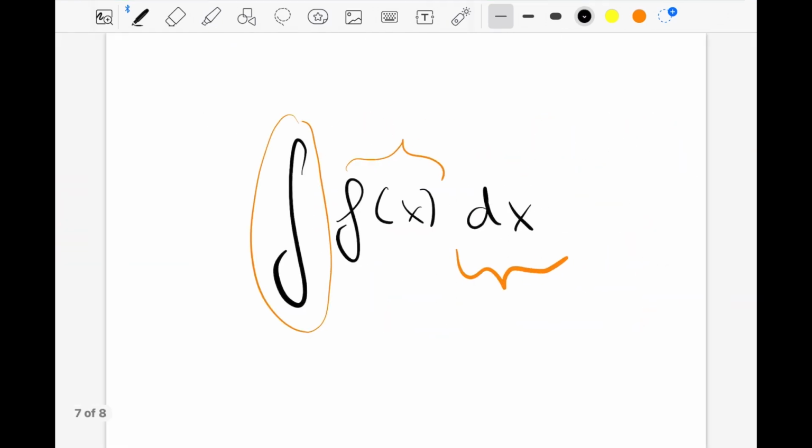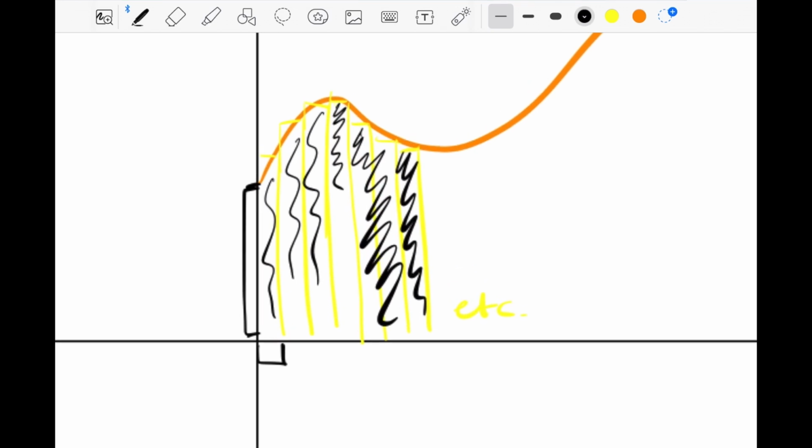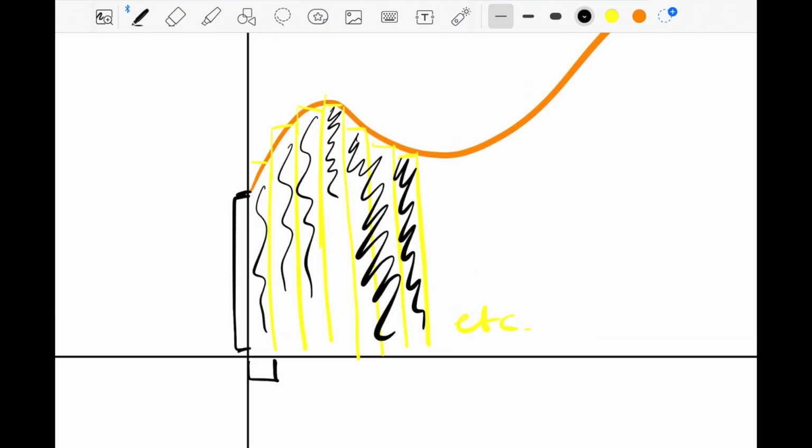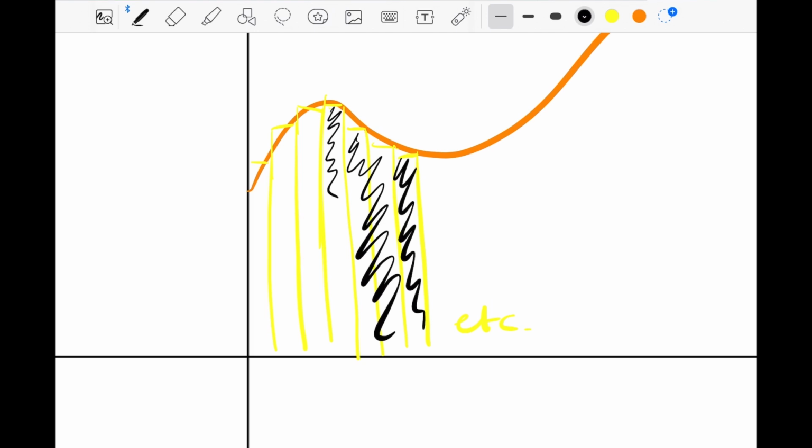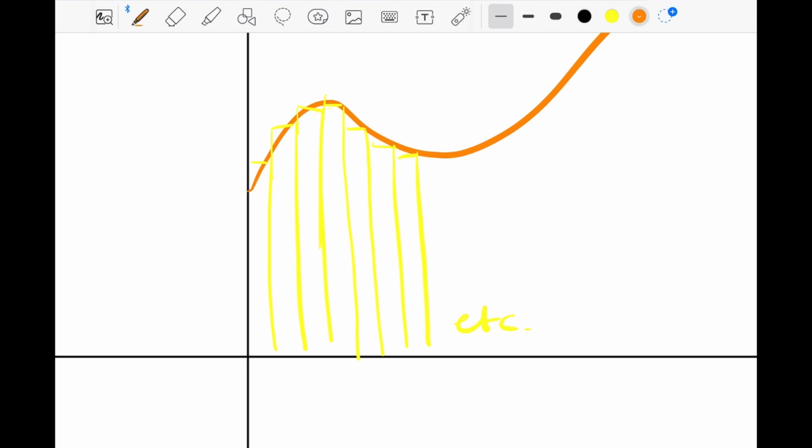And if we look at this, how does this notation link back to these rectangles? Well, if you think about it, each of these rectangles has its own area. And how do we find that area? Well, this is going to be our width, and this is going to be our length, or the other way around, however you want to call it. And our length or width, in this case, let's call this the width, is dx.